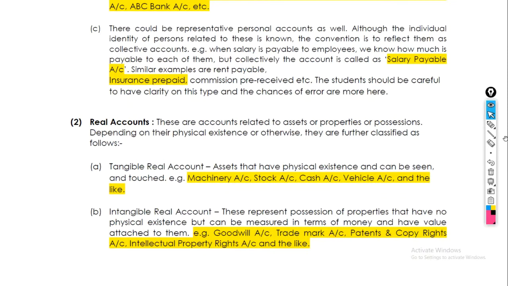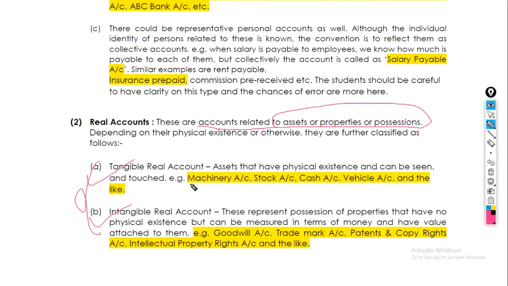A real account, as the name suggests, is an account related to assets or properties or possessions. It can be classified into two, tangible or intangible. It doesn't matter much; it is just a reporting standard which I have shown you in the previous balance sheet videos.